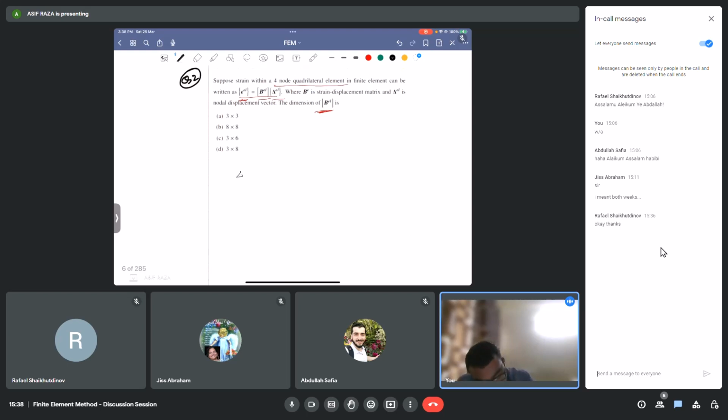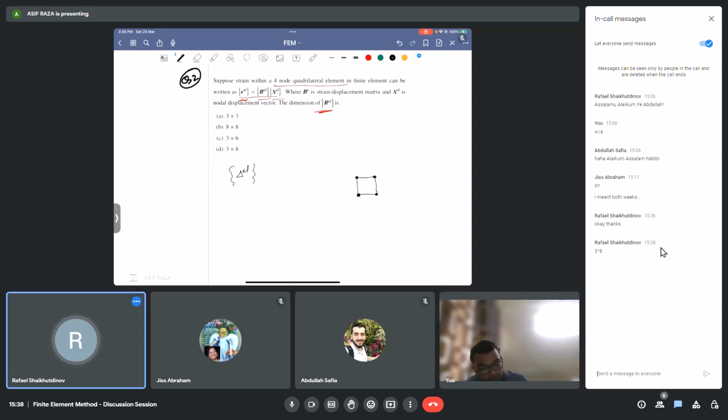What will be the dimension of this nodal displacement vector? The element in consideration is a four-node quadrilateral element. The dimension is a column, or 8 by 1.